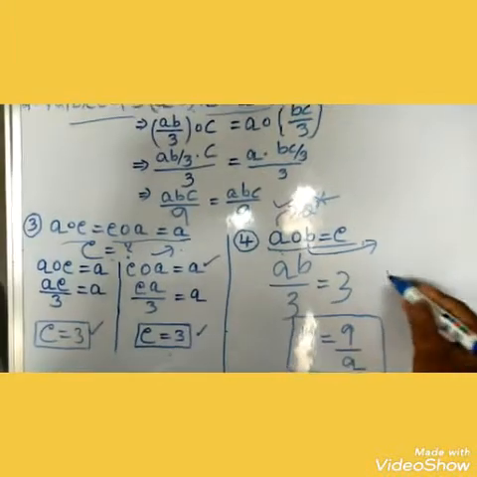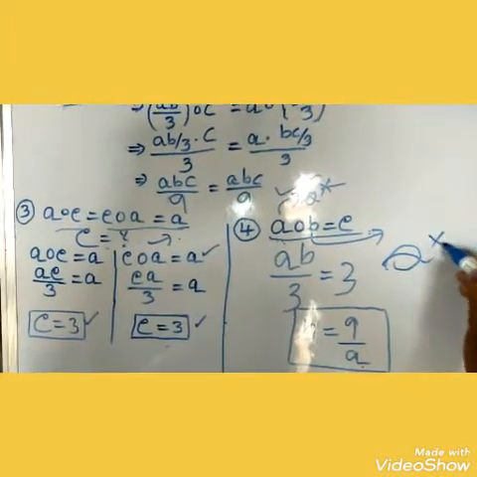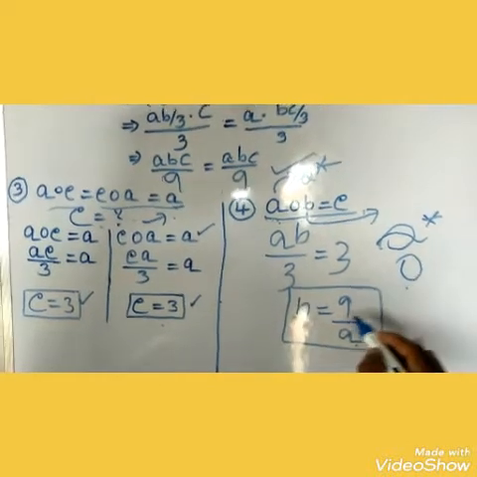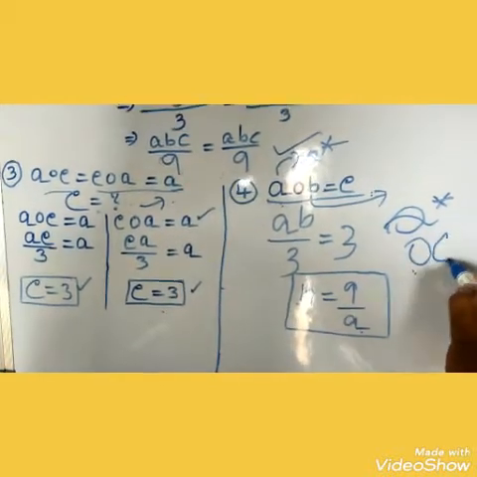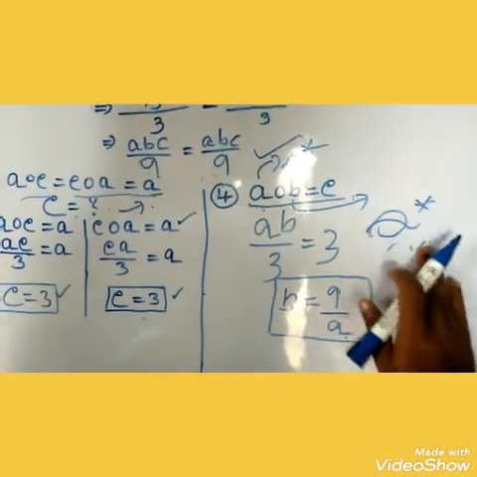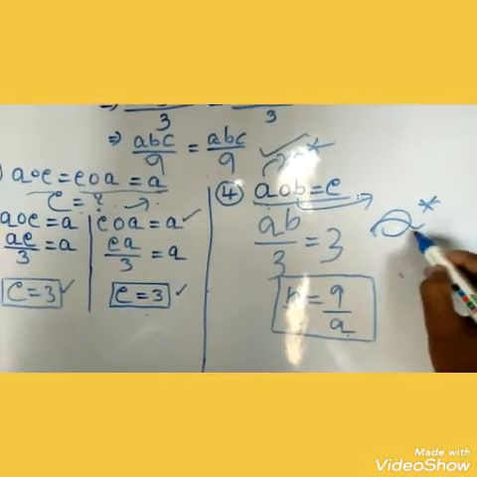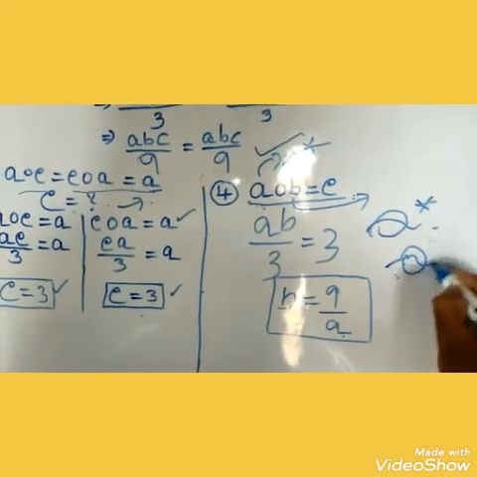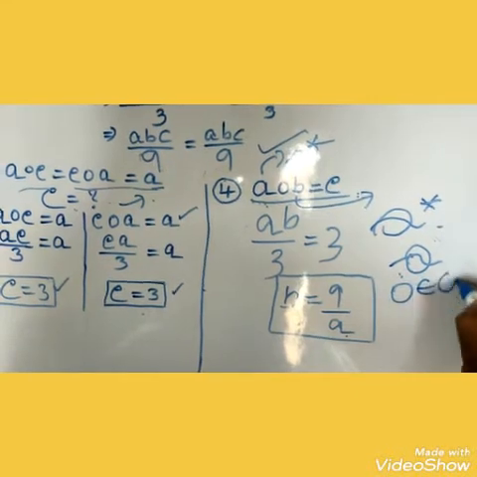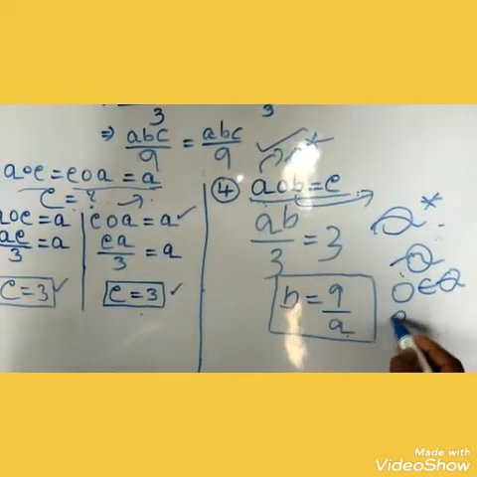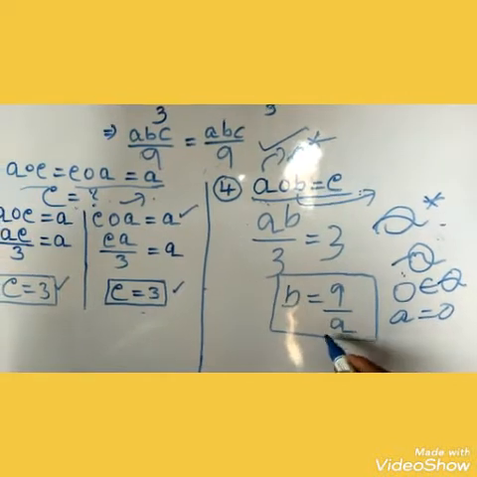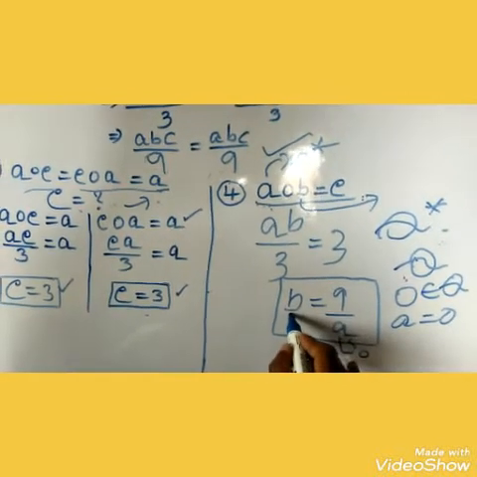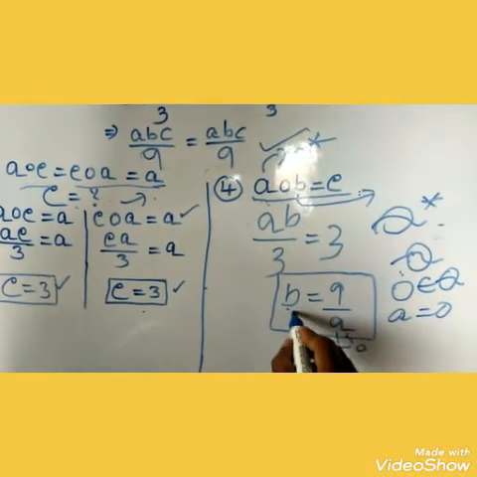Why am I taking Q star here? If I take Q, then 0 belongs to Q. But if A is equal to 0, the inverse does not exist.